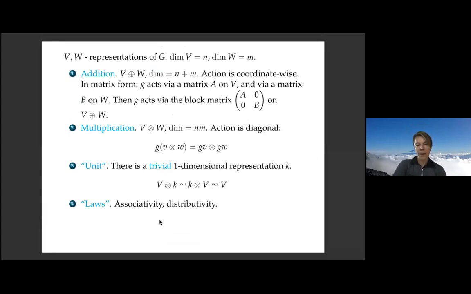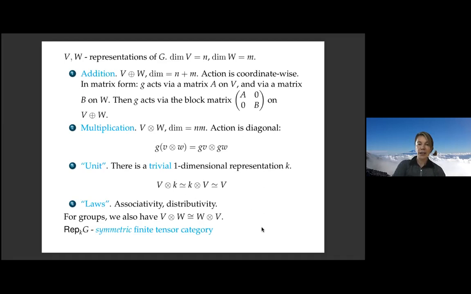So in a way, we can view this representation category as having a sort of ring structure. We can multiply, we can add, there is a unit, and they're all compatible in a nice way. So this makes representations a finite tensor category. I'm not going to write the axioms, but you formalize the way you usually add and multiply, and you get a finite tensor category.